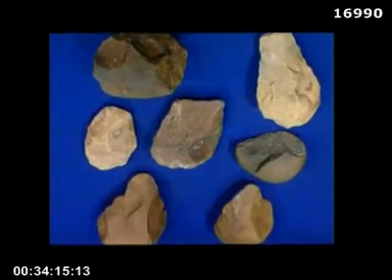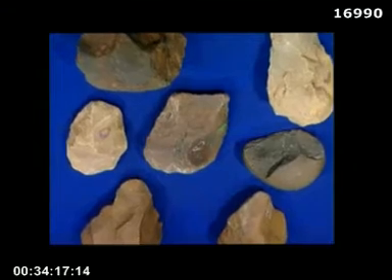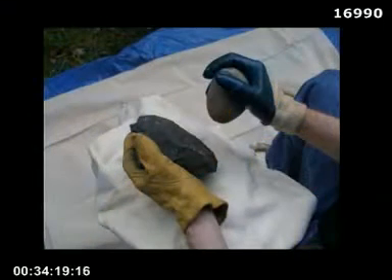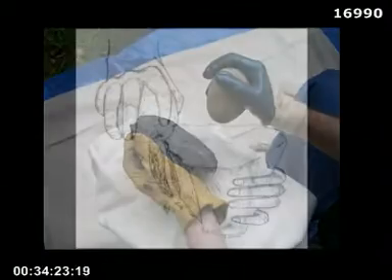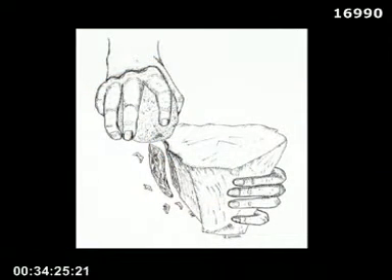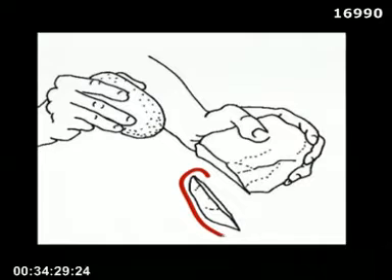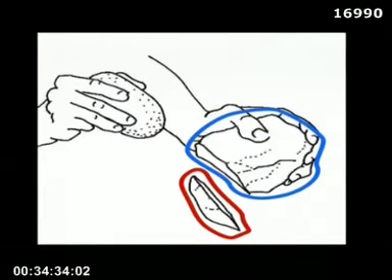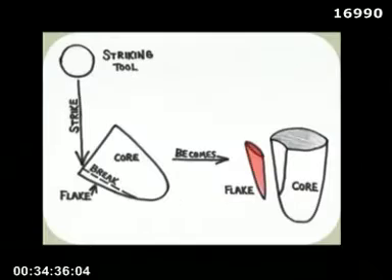These early stone tools were apparently made by striking a stone with another stone, a technique known as percussion flaking. The piece of stone thus removed and the bigger lump are respectively known as flake and core, and both these are used as tools.